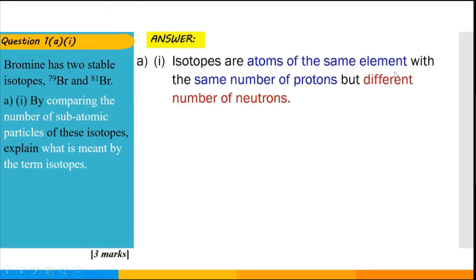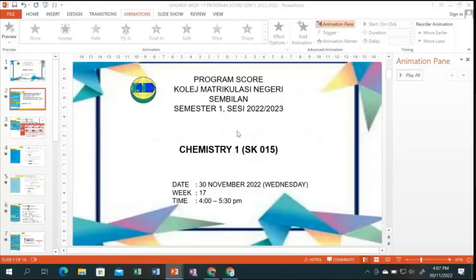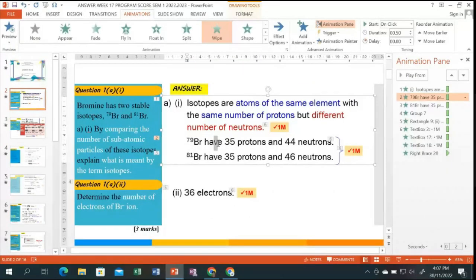Isotopes are atoms of the same element with the same number of protons but different number of neutrons. So taking into account isotope 79, bromine 79 has 35 protons and 44 neutrons.